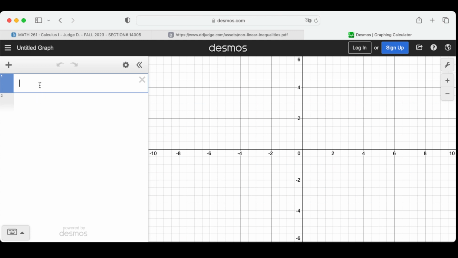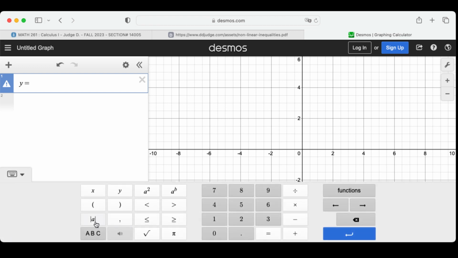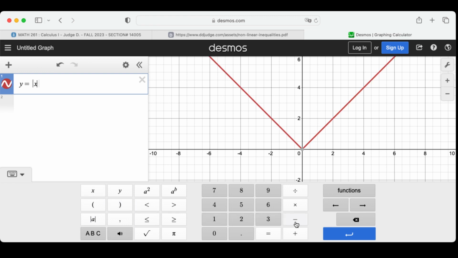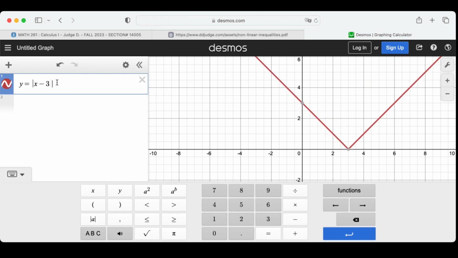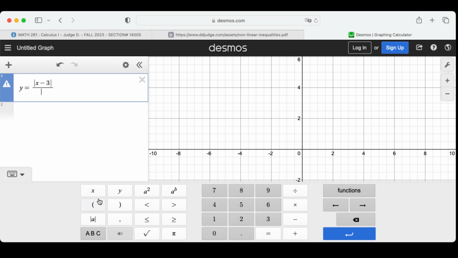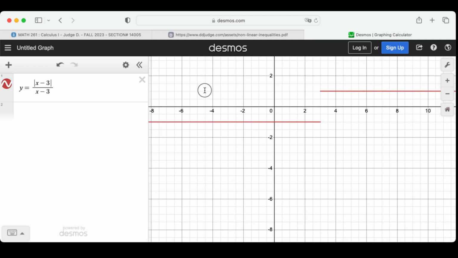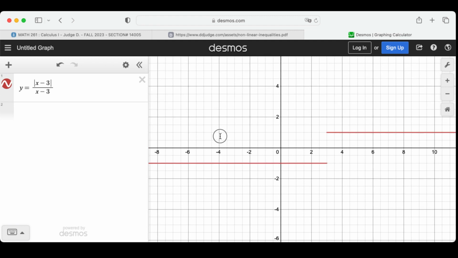And just to share with you guys in Desmos, y equals the absolute value of x minus 3 divided by x minus 3 here. Now, what you see at 3, you don't see holes because Desmos doesn't put the dots.